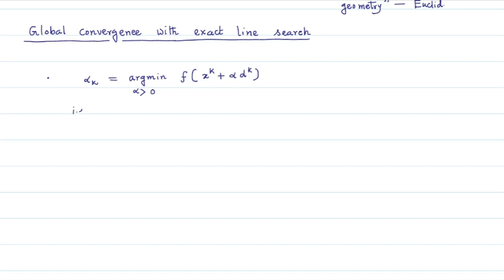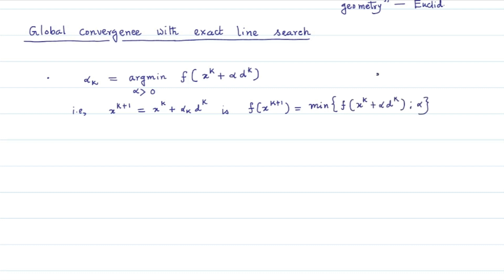That is, the point xk plus 1 given by xk plus alpha k dk is a global minimum of the function f along the direction dk.